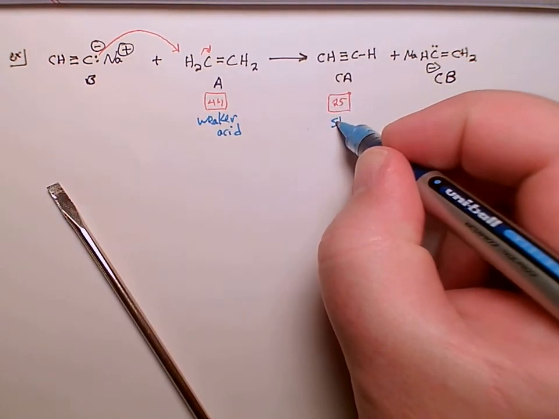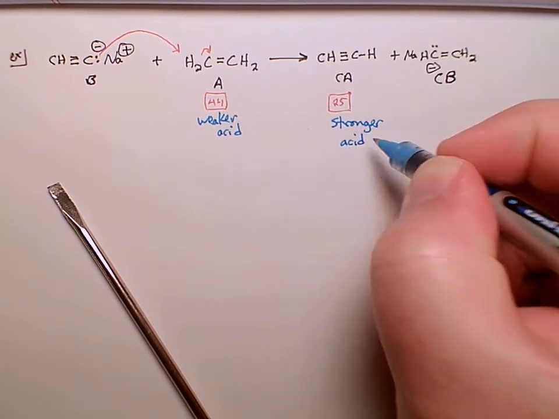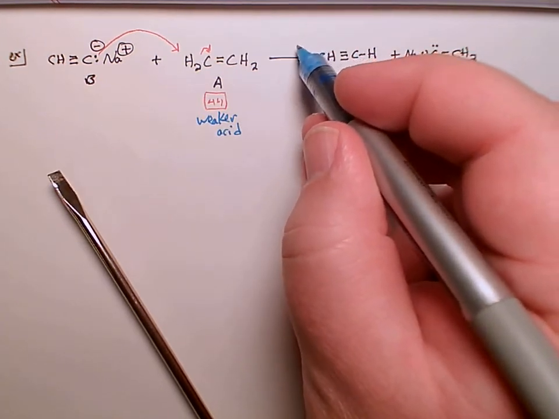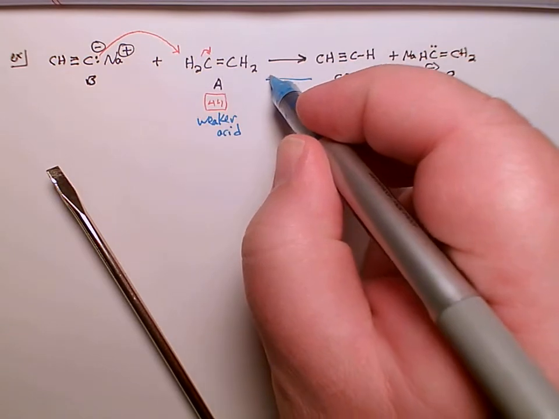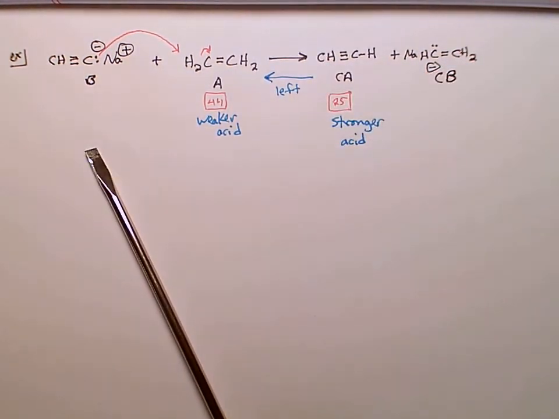Lower pKa value, stronger acid. Well, which way do reactions go? Do they go to form the stronger acid or do they go to form the weaker acid? That's right, they go to form the weaker acid, which tells us this equilibrium, even though it is an equilibrium, lies to the left, towards the weaker acid.